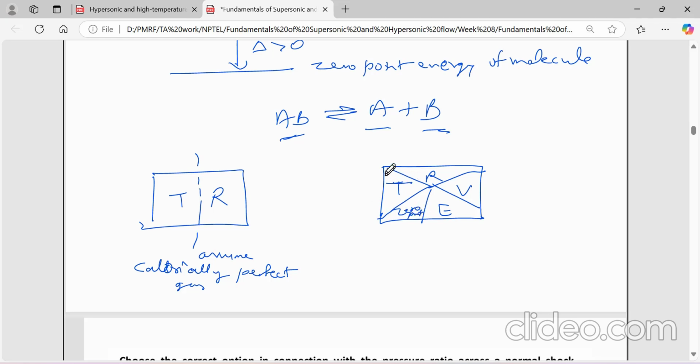So for translational, it is very little energy compared to before. So this temperature, this is for the chemically reacting gas. So it has less temperature.